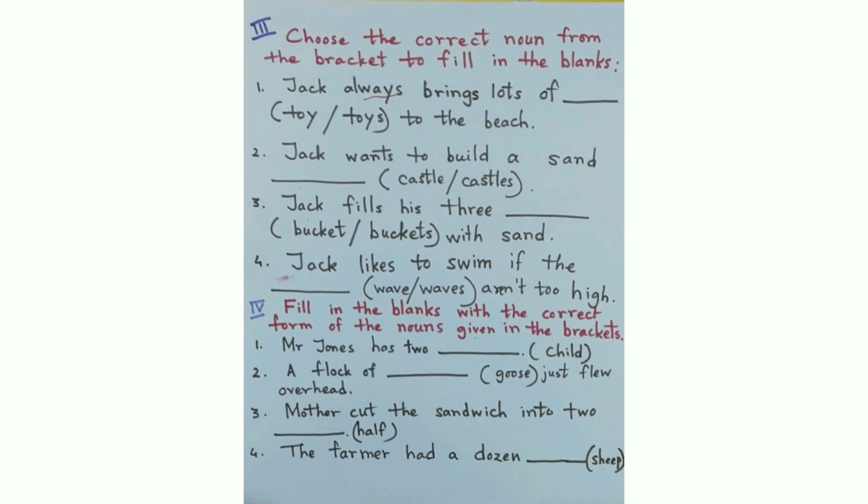Choose the correct noun from the bracket to fill in the blanks. Number 1. Jack always brings lots of dash, toy or toys to the beach. Number 2. Jack wants to build a sand dash, castle or castles.